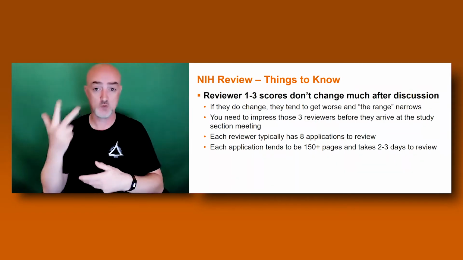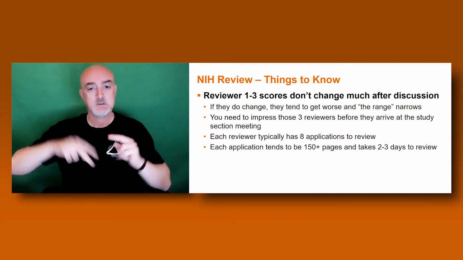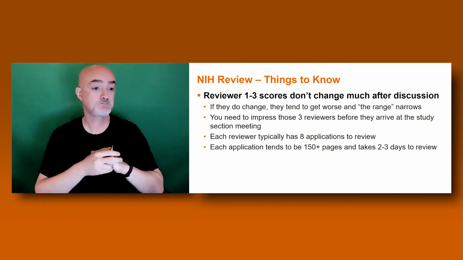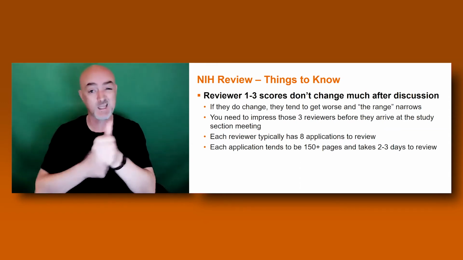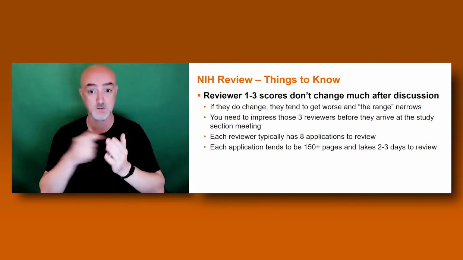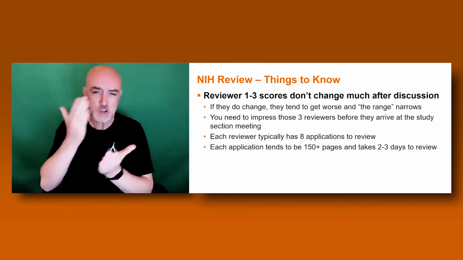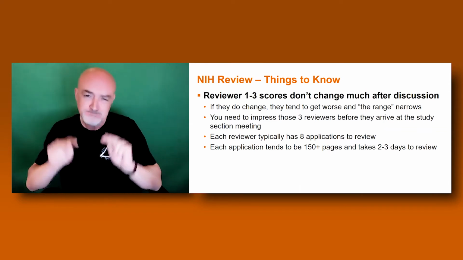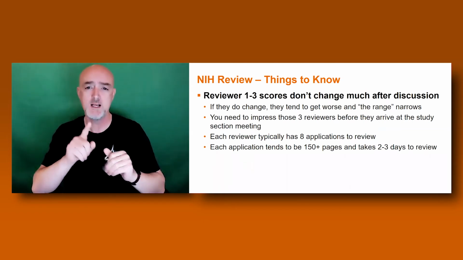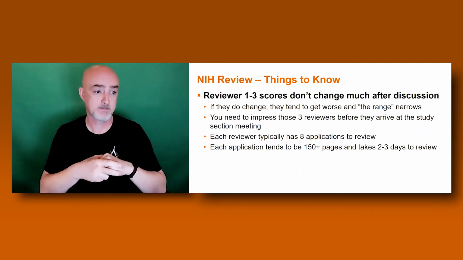It's very important that it's indicative of the time that reviewers 1, 2, and 3 spent with your overall application, and hopefully it rates the highest impact. Each application, like I was mentioning, could be about 150 pages in length, and we get into so much detail going page by page, reviewing it thoroughly. So it's important, again, to impress those initial 3 reviewers.